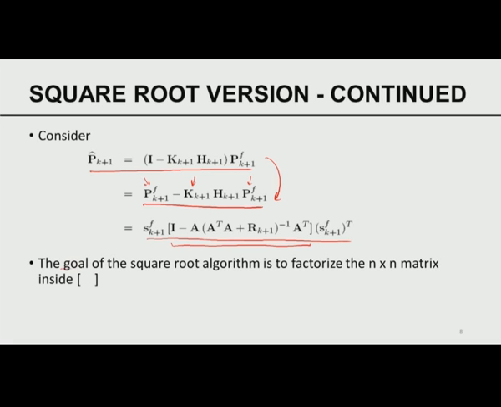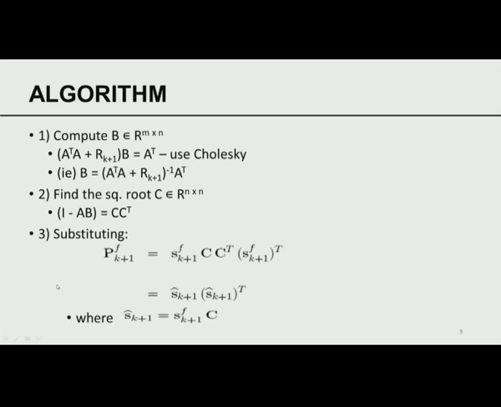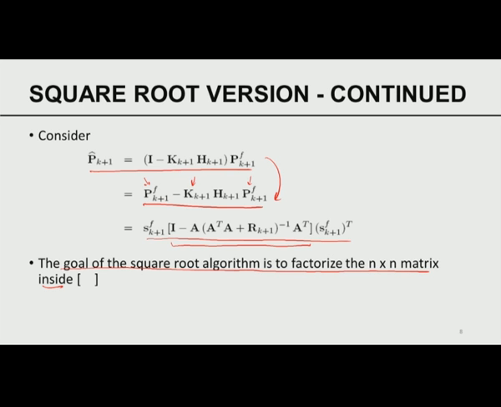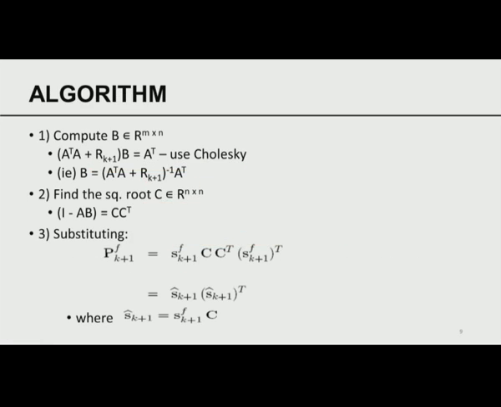So I would like to be able to get the square root algorithm to factorize the n by n matrix inside the square bracket. In order to do that, look at this now: I minus A times A transpose A plus RK inverse A transpose, that is the matrix whose square root I am interested in. This has to be done in a couple of stages.